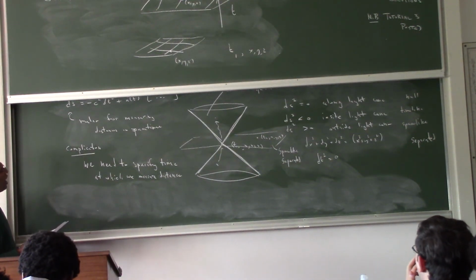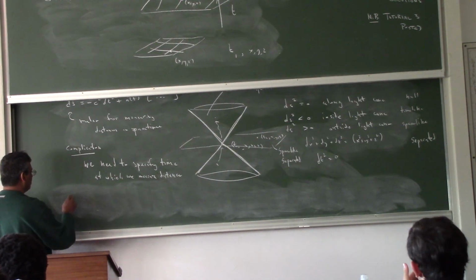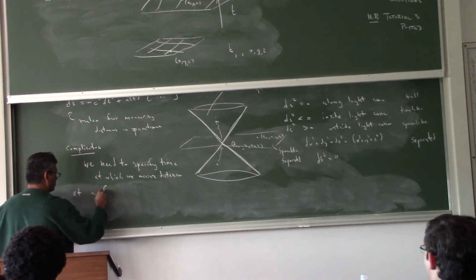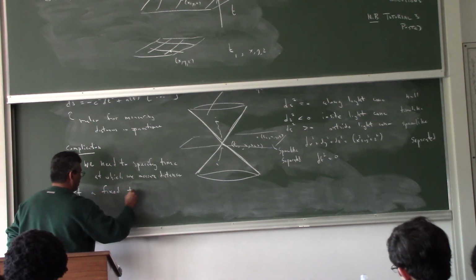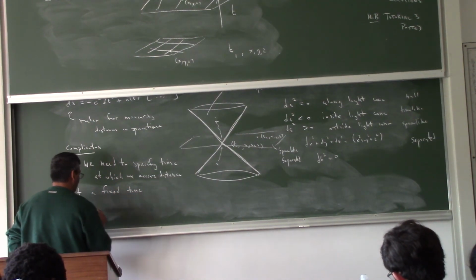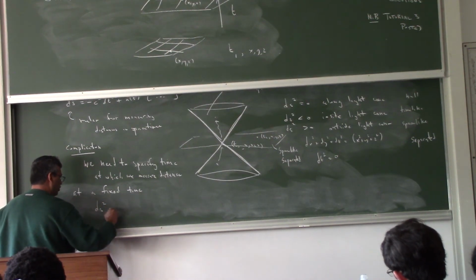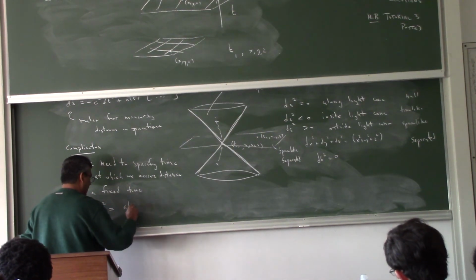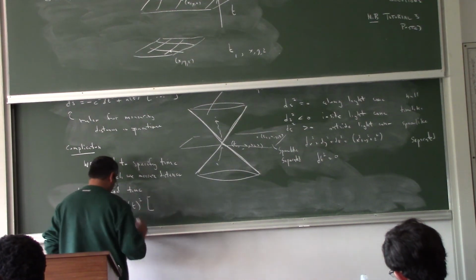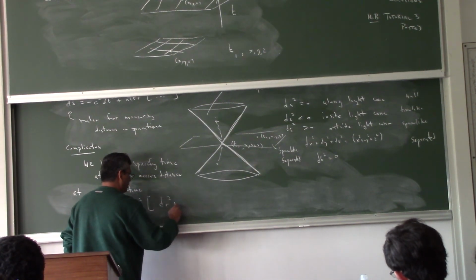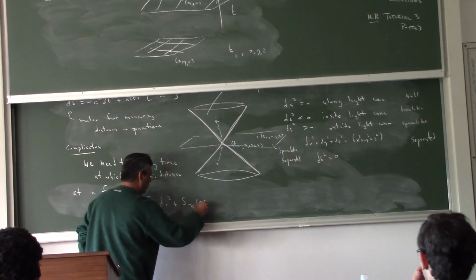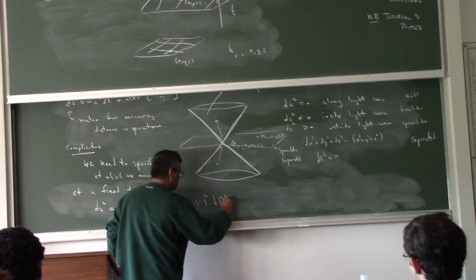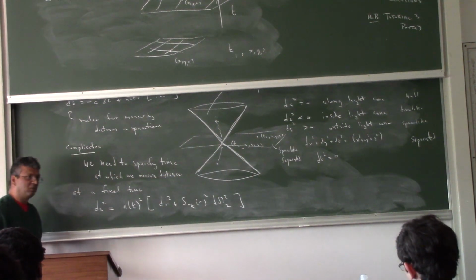So at a fixed time, we then use the metric in the spatial component, a of t squared dr squared plus f of r squared d omega squared, to measure the distance.